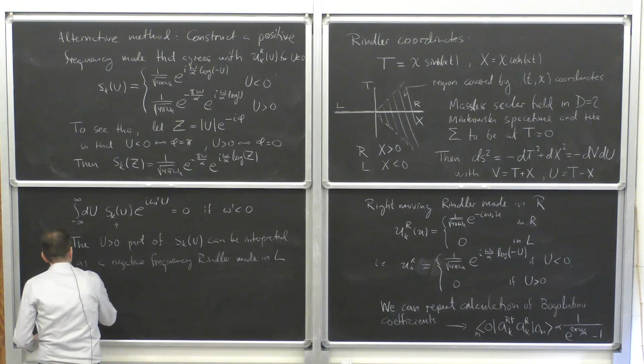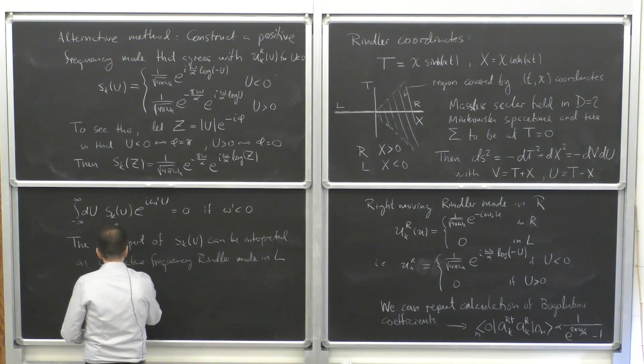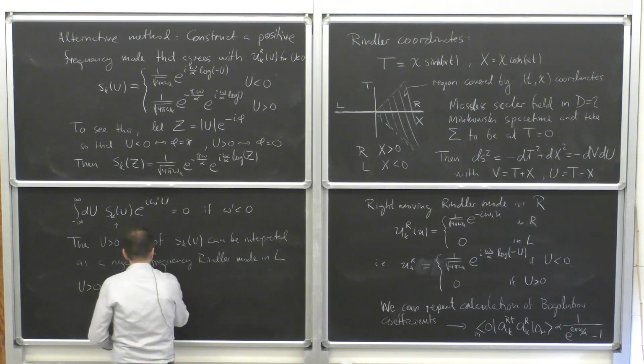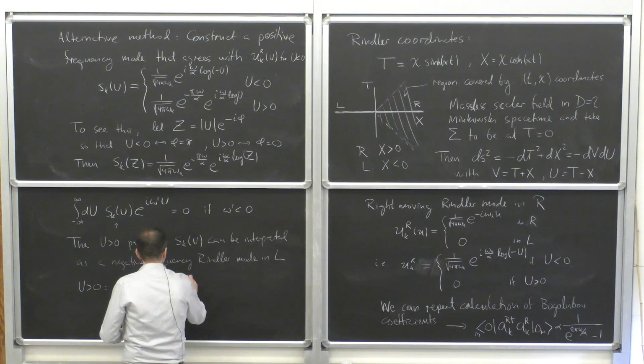Basically, you let u be greater than 0, then your e to the I omega over alpha log u is going to be an e to the I omega u.